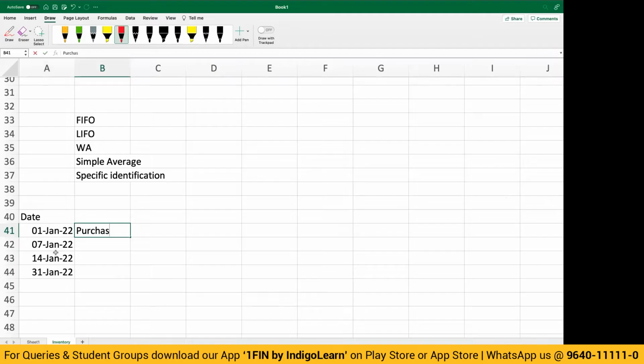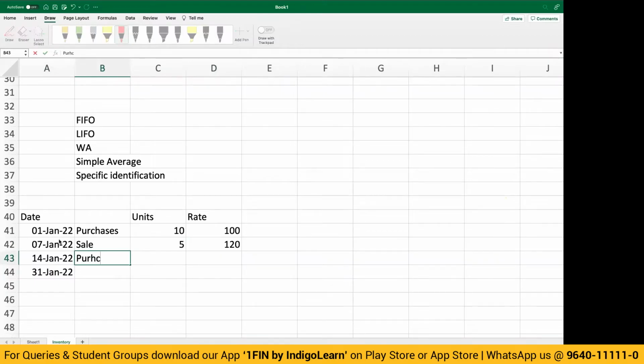No opening balance. On 1st January, purchases 10 units, rate 100. On 7th January, a sale of 5 units. Selling rate doesn't matter, so I'll just put 120, but it doesn't matter for inventory valuation.